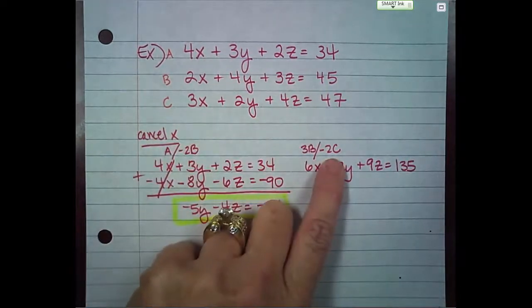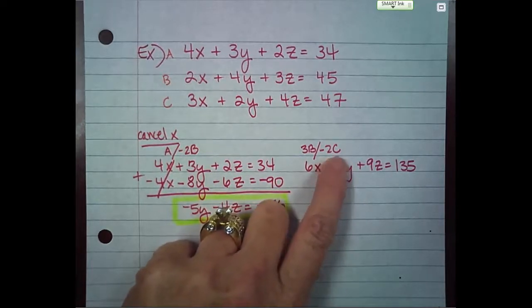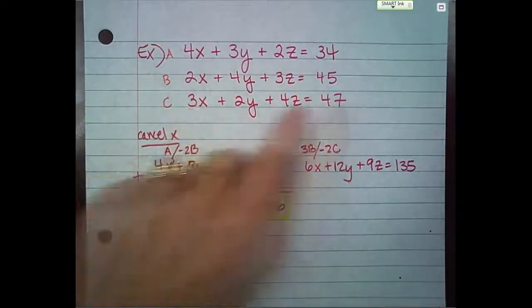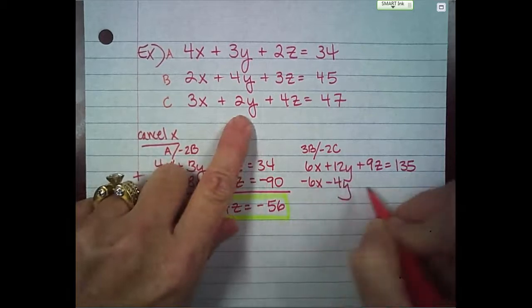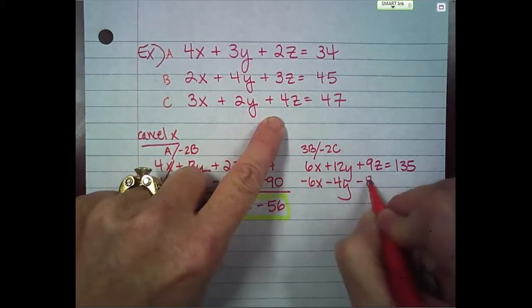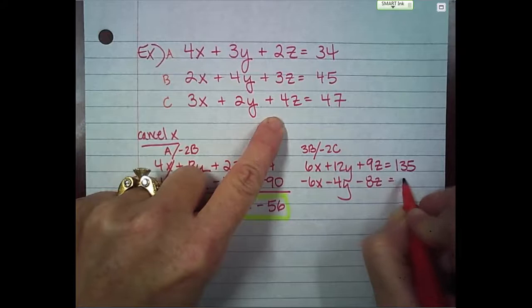Now, I already wrote it down. You don't have to think. That's what's so nice. We only had to think one time, and we wrote it down, and we're done. Now we want negative 2 times this row. Negative 6x minus 4y minus 8z equals 94.